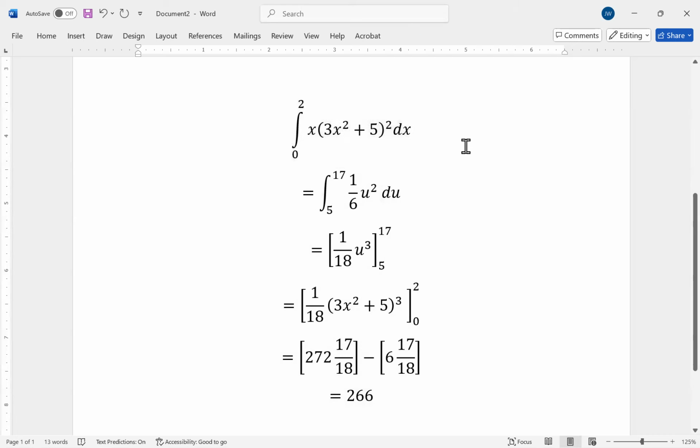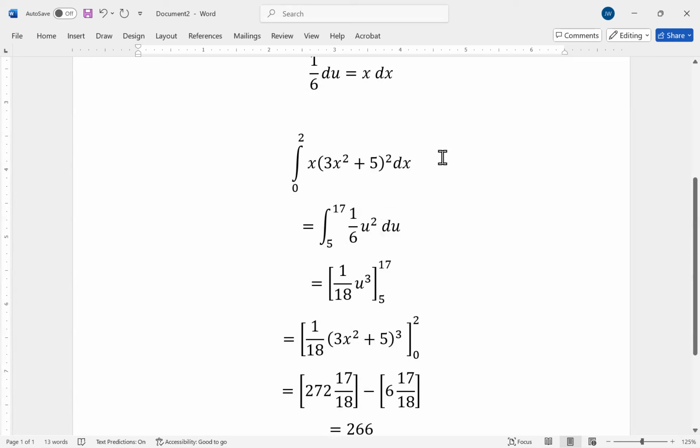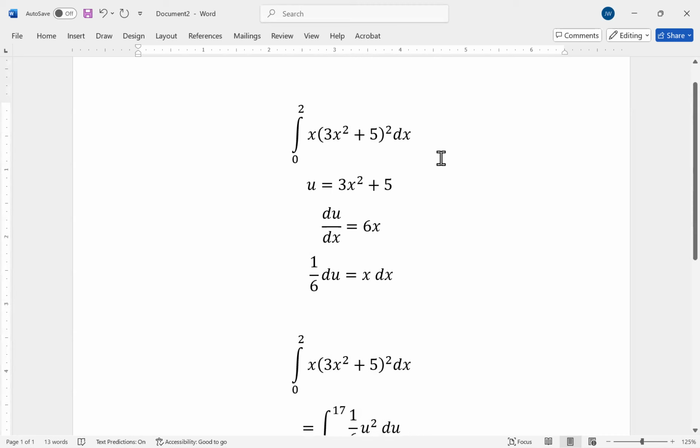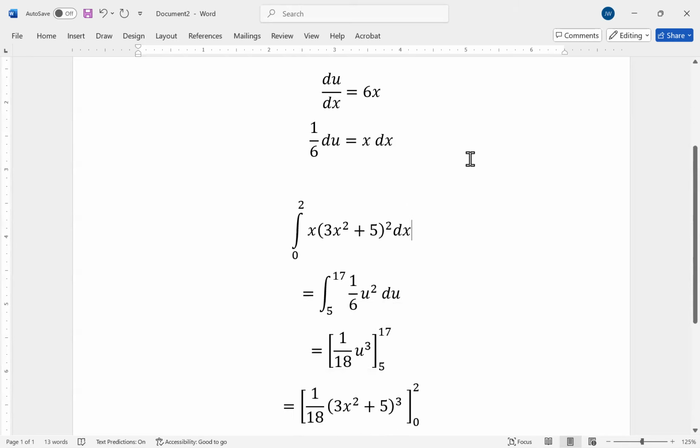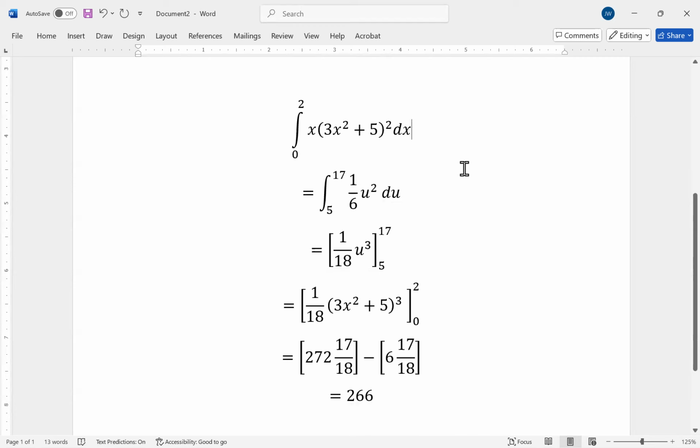So for the most part, the questions that you'll see from me in my class in this section will not be the definite integrals, but rather the indefinite integrals. Because with the definite integrals, we can just use technology for those.